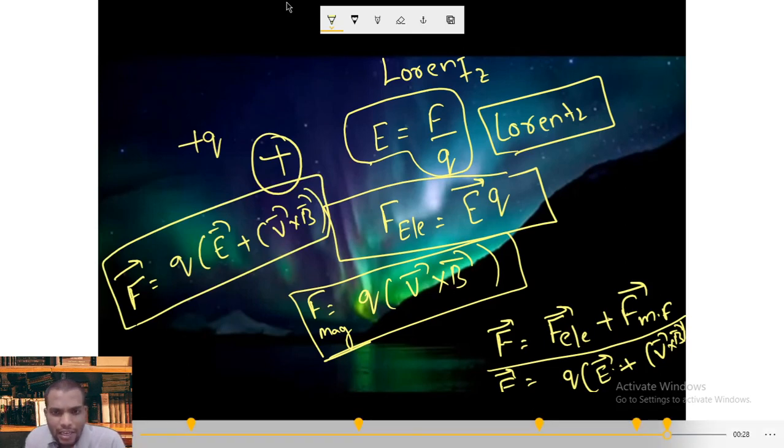Whenever we talk about a moving charge in a magnetic field, we neglect the effect of that electric field on the charge, because a charge's own electric field does not affect itself.